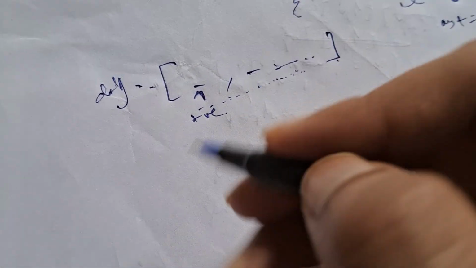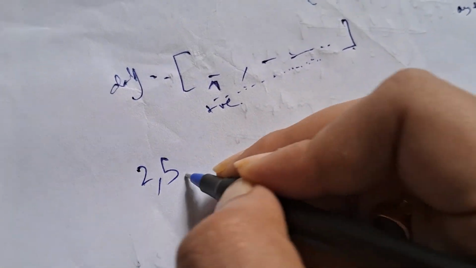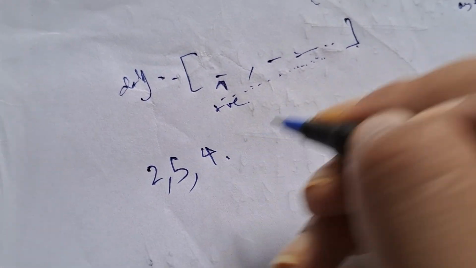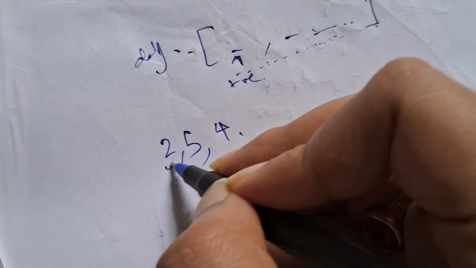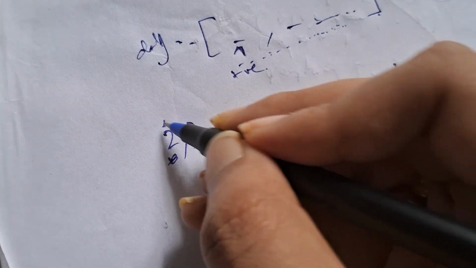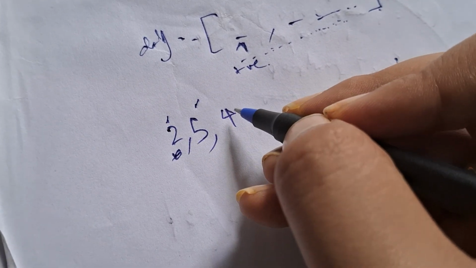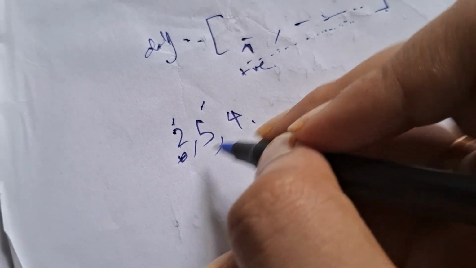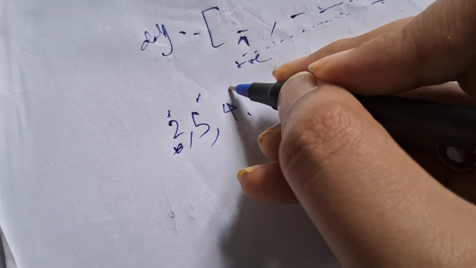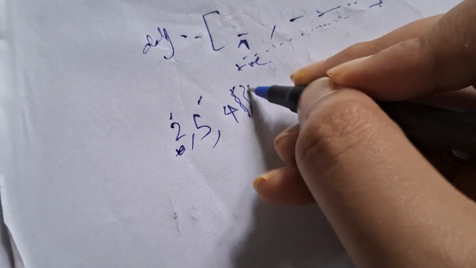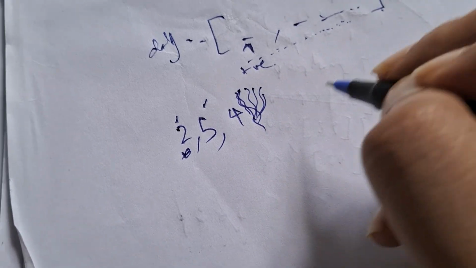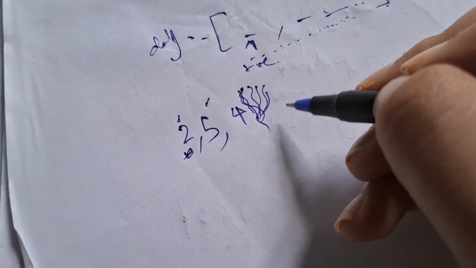So let's say there is 2, 5, 4. What you have to do is apply 2 operations to this plus this. But remember whether you have to apply this on this or not. This is the main question. Does it affect you if you are applying this on this or not?